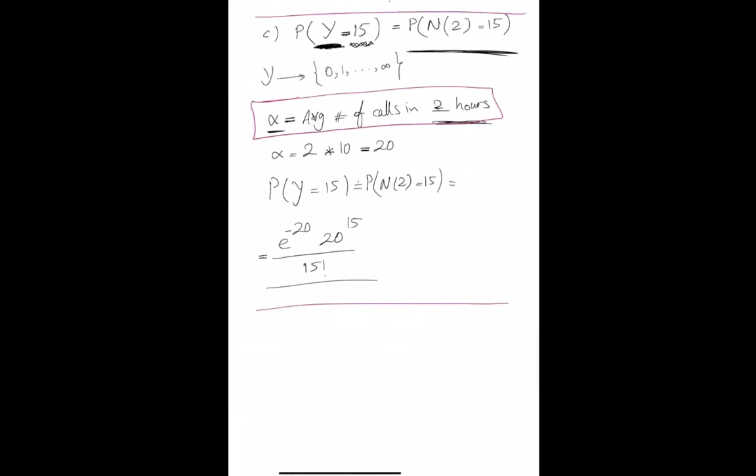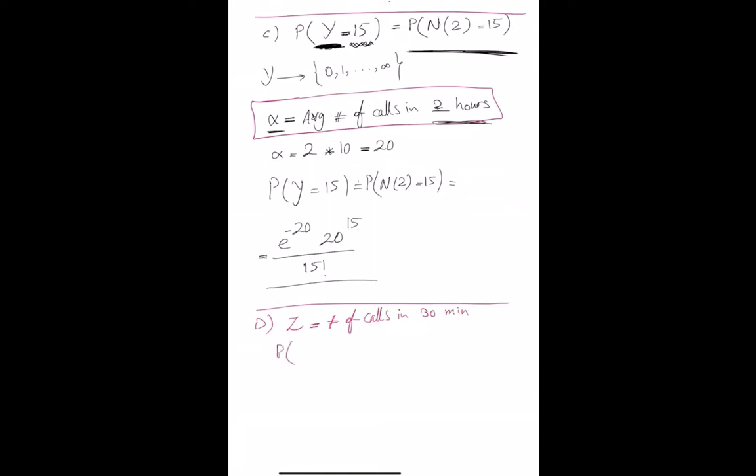For part D, it asks, what is the probability of exactly 5 calls in 30 minutes? Here I'm looking at the number of calls in 30 minutes, so I'm going to use notation Z. Z is the number of calls in 30 minutes. That's my random variable.